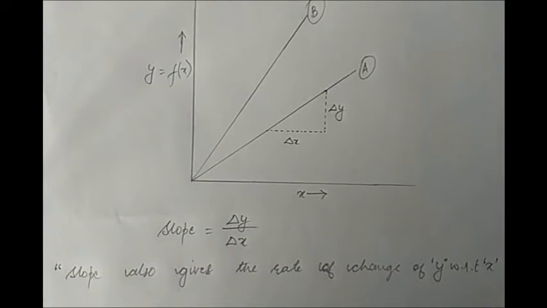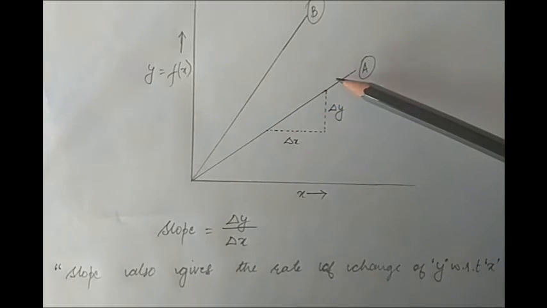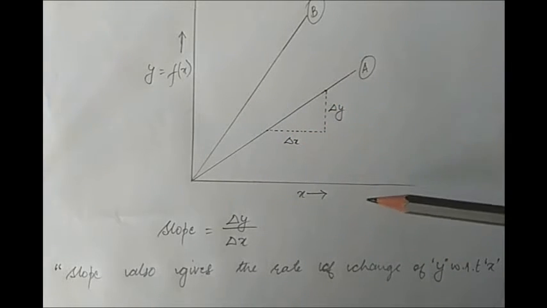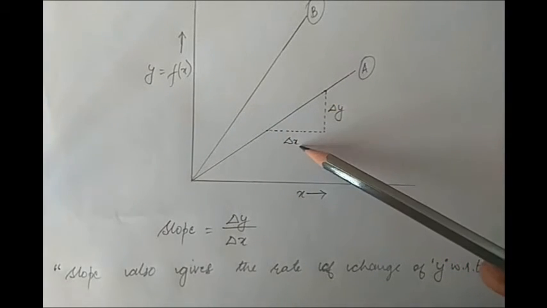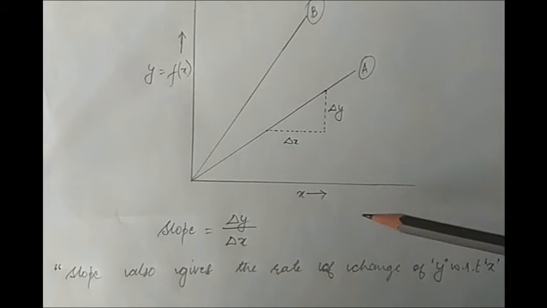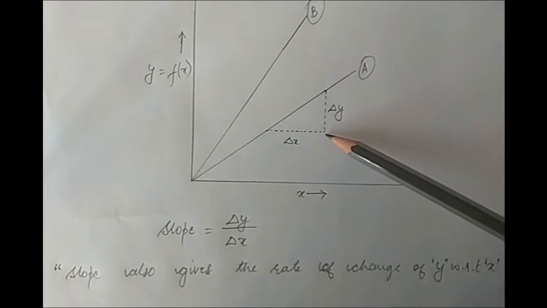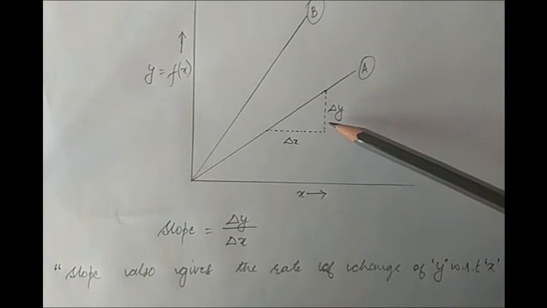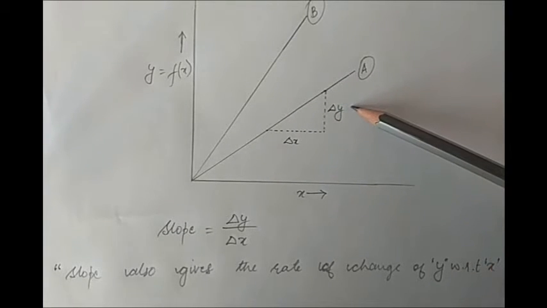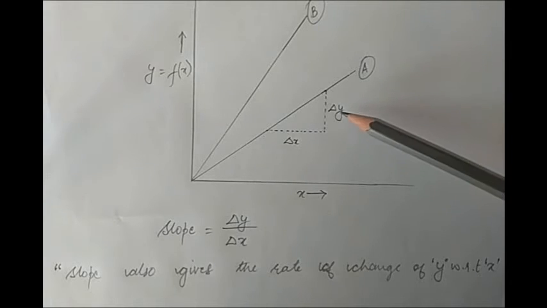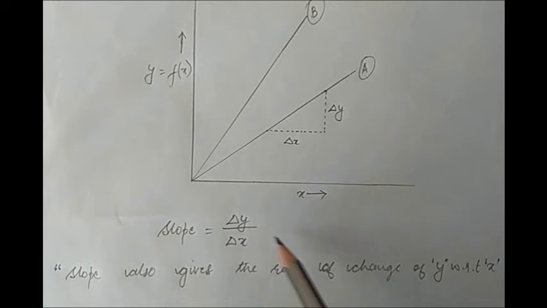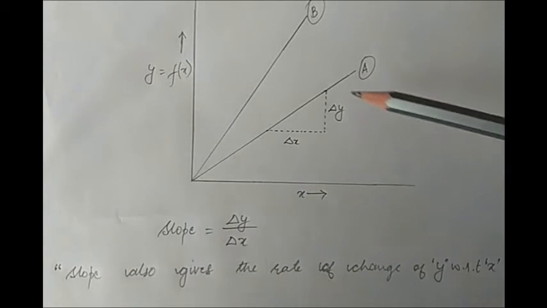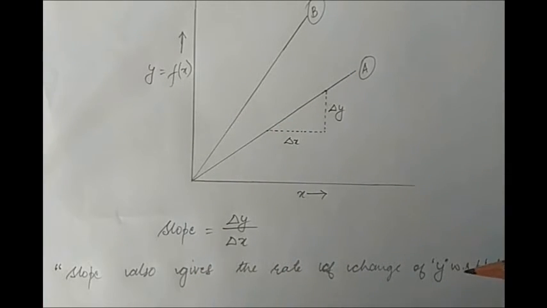I believe you all very well know how to find the slope. What we do is we choose any two random points lying on the line and we find the change in x and the change in y. This horizontal line is going to give us a change in x represented by delta x, and this vertical line is going to give us the change in y, or change in f of x, given by delta y. And when we divide delta y by delta x, what we get is the slope of the line.